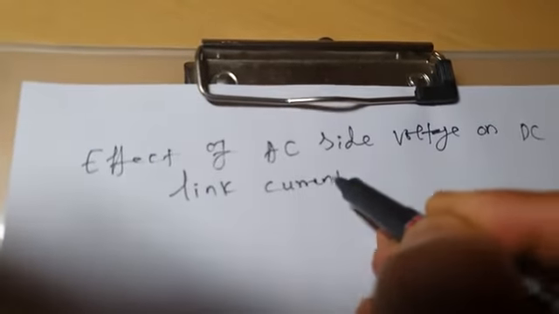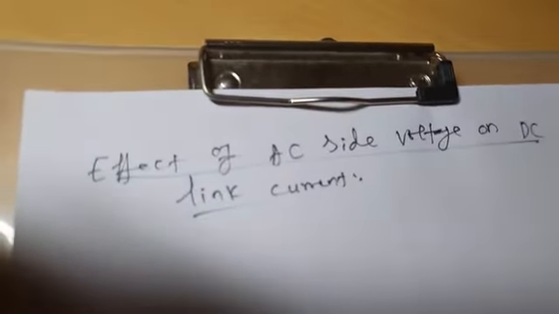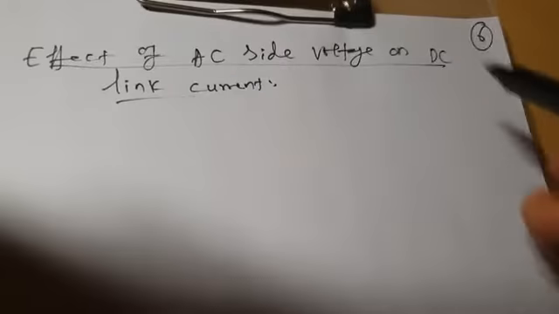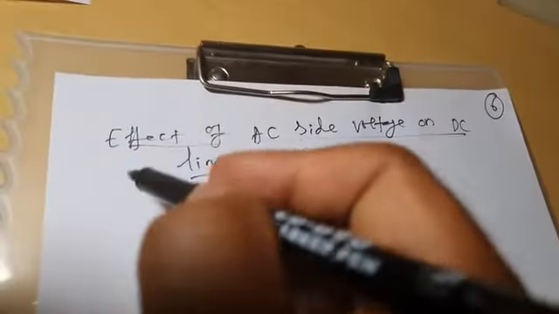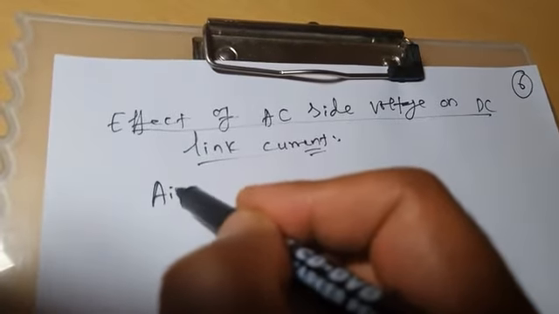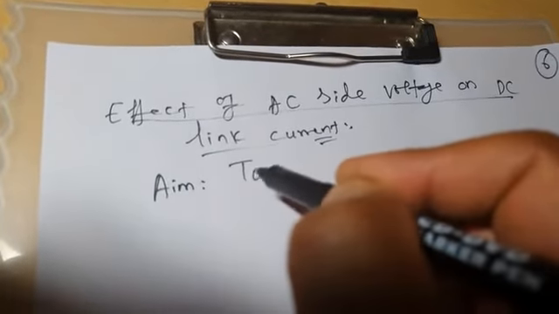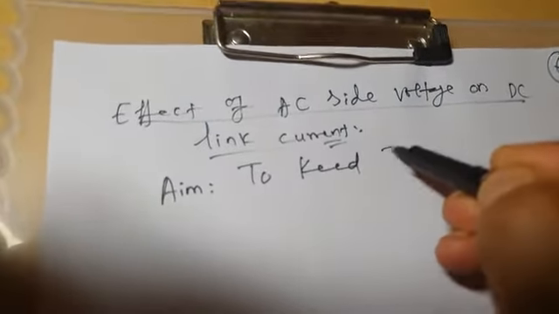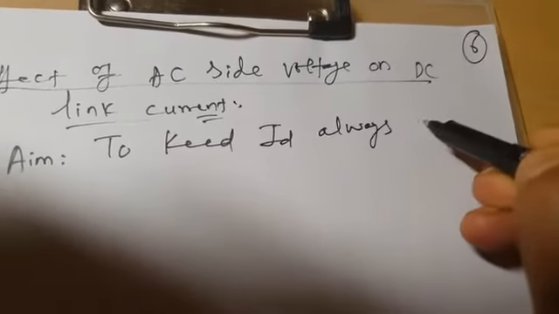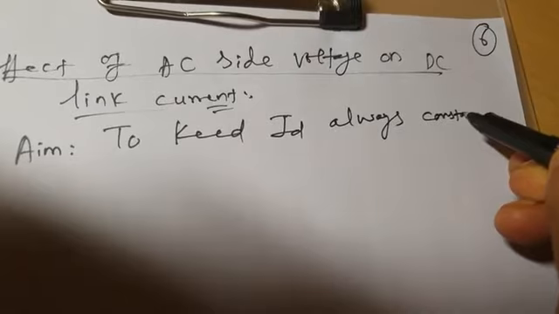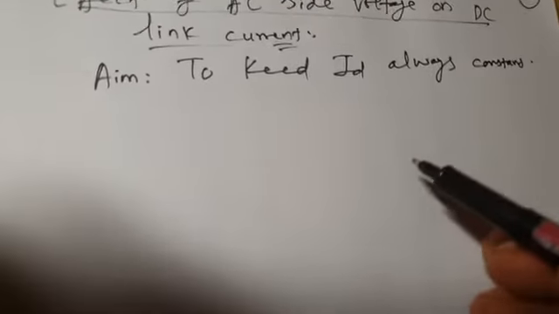Whenever there is an AC side voltage change, whether on the rectifier side or the inverter side, the DC link current changes, and your HVDC controller is such that it has to always maintain the DC line current as constant, as I have already told you. What is the aim of the controller? To keep the DC line current ID always constant.